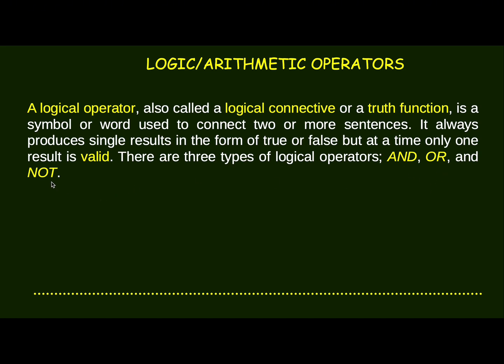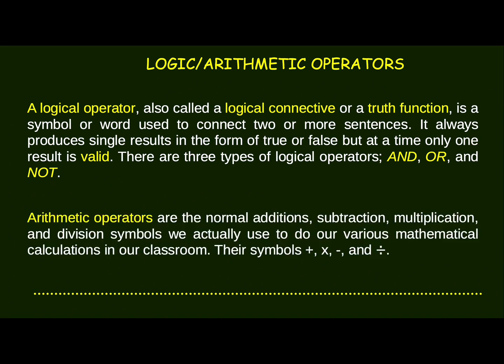So this gives us the question: what are arithmetic operators? Arithmetic operators are the normal addition, subtraction, multiplication, and division symbols we use to do our various mathematical calculations in our classrooms.